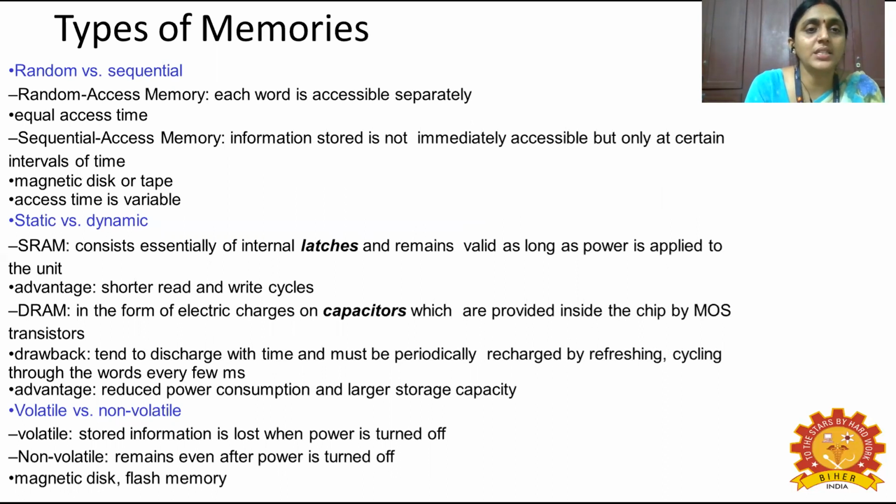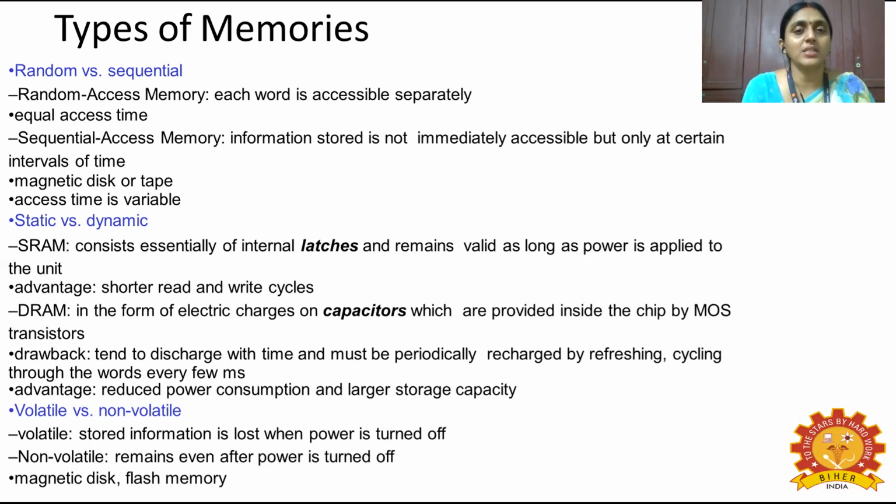And now we will see the types of memories, the different categories of memories. The first type is random versus sequential memory. In random access memory, each word is accessible separately, where equal access time is given to each block.